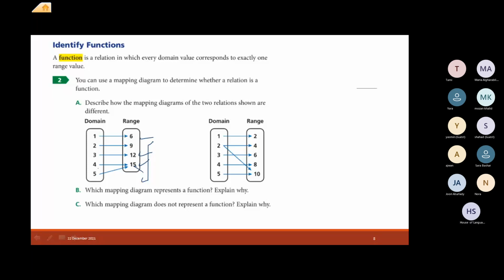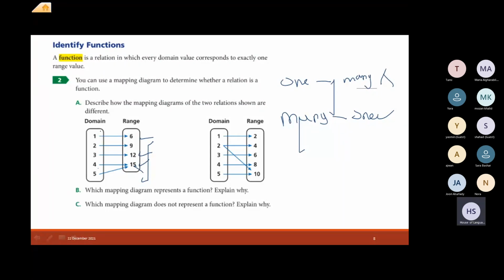So, here, look at the second one. Before that, I told you that 1 to many is not a function. Many to 1 is a function. Look at here. How many arrows go out from the domain?